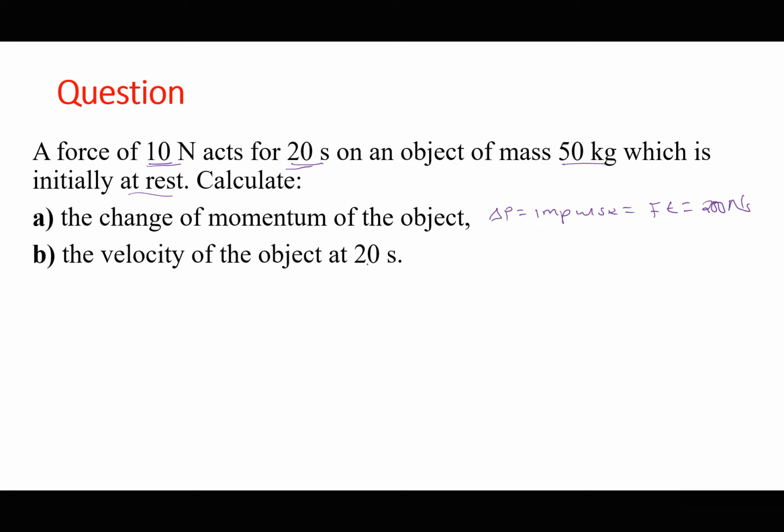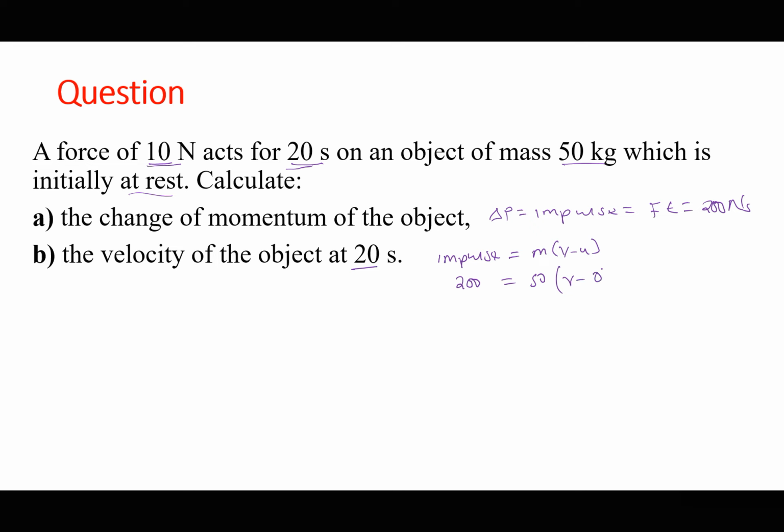The velocity of the object at 20 seconds, that is the final velocity. Impulse is equal to change in momentum, which is m times final velocity minus initial velocity. So I'll say 200 equals the mass, which is 50, times the final velocity, which is not known.